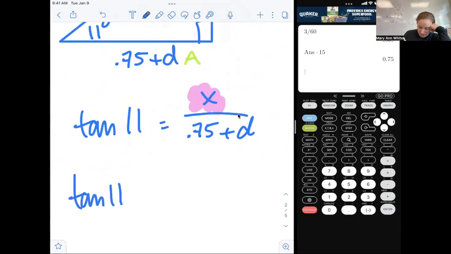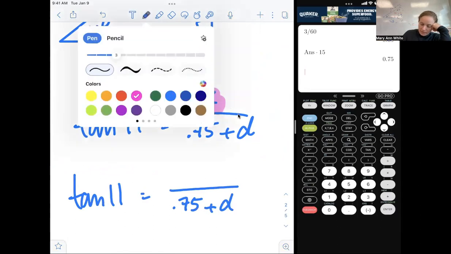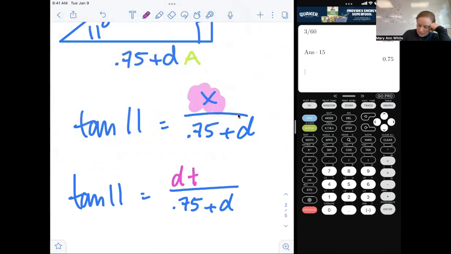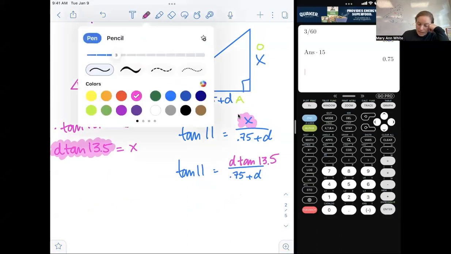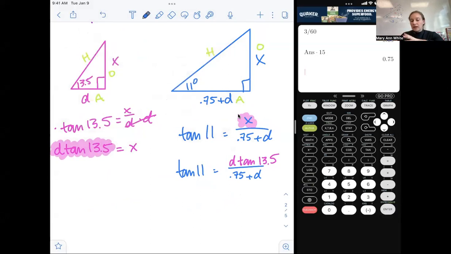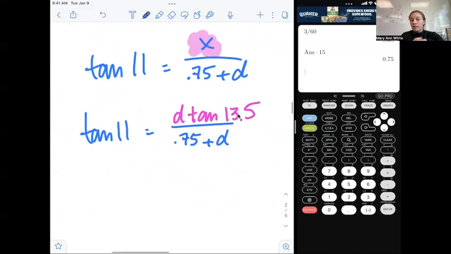Tan of 11 equals 0.75 plus D in the denominator, but instead of X as the numerator, we're going to write D tan 13.5. I just substituted that in. Now I have an equation with just D's in it, so I'm allowed to solve this. I'm going to fight to get D all by itself before I solve.